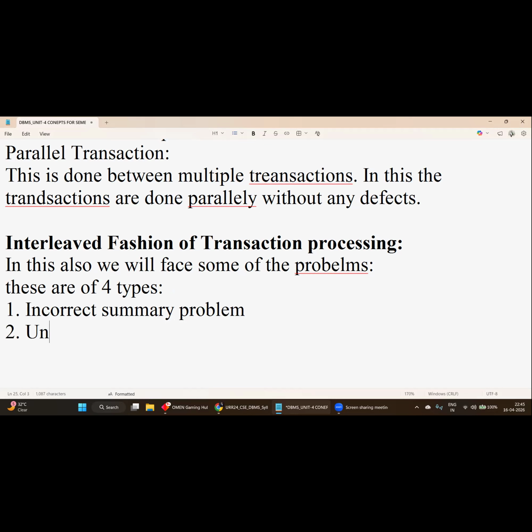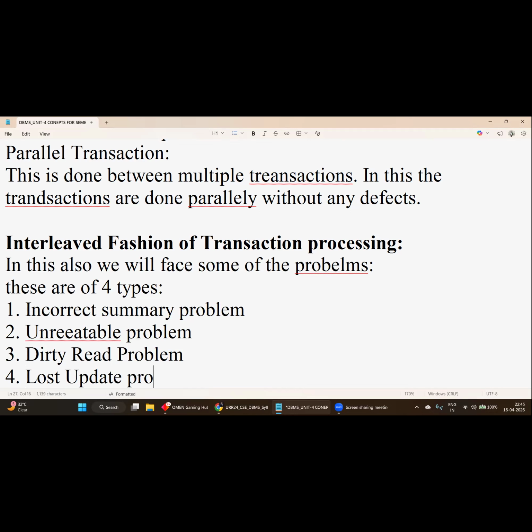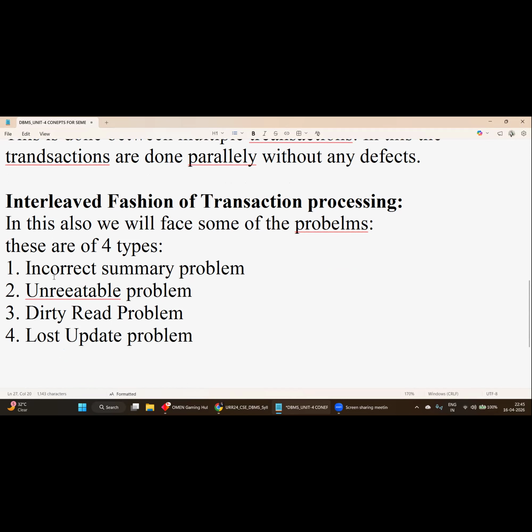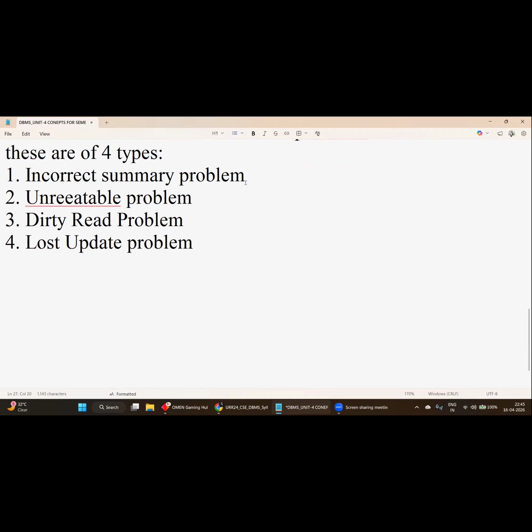Second problem is unrepeatable read problem. Third one is dirty read problem. And fourth one is lost update problem. These are the four types of problems. So we'll discuss one by one.